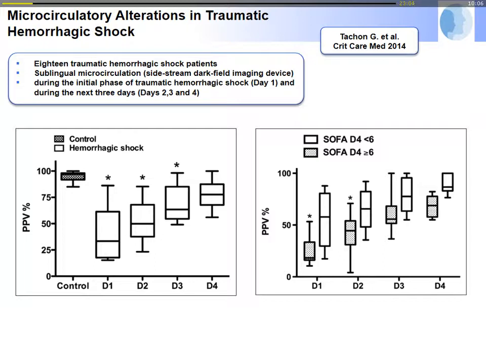So we monitor microcirculation at the sublingual level in hemorrhagic shock patients. And we try to see the time course of these parameters at day 1, day 2, day 3, and day 4. We were not satisfied, but clearly very enjoyed by the resuscitation that we performed.